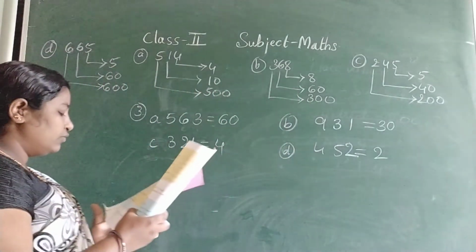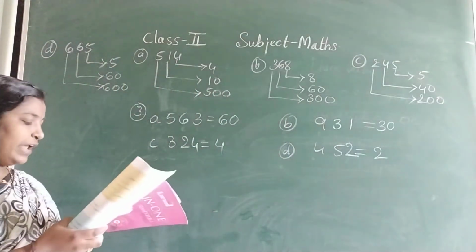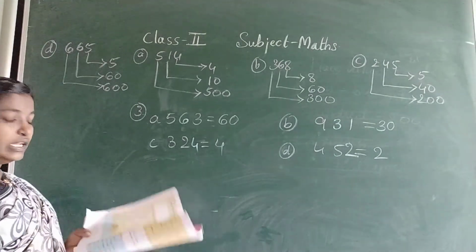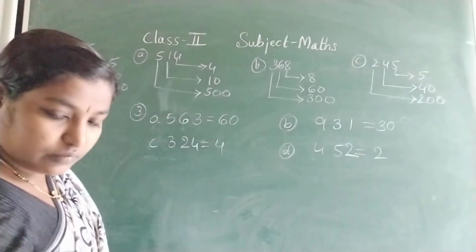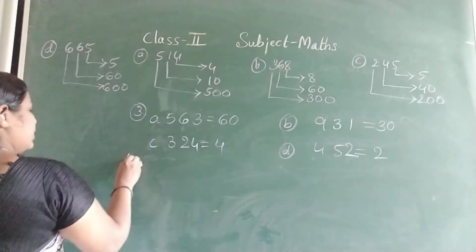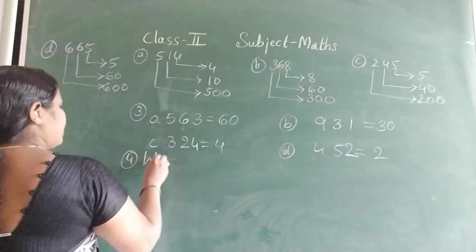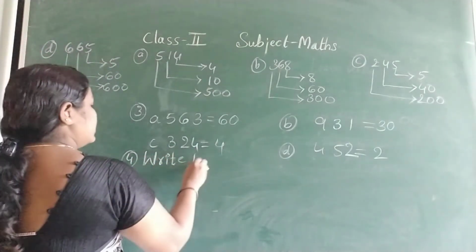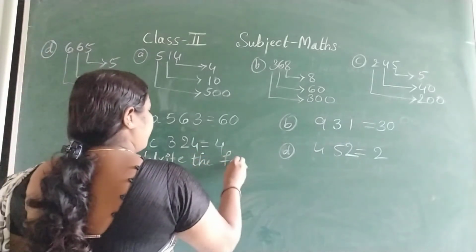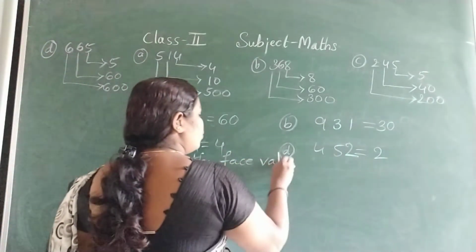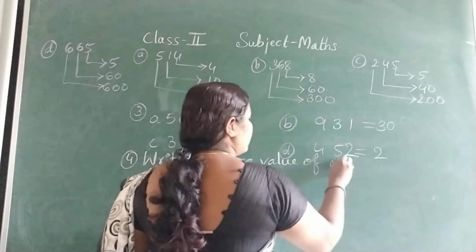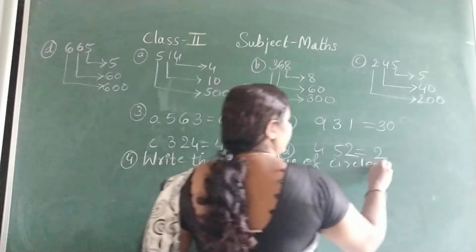Next, write the face value of the encircled digit. Fourth is, write the face value of the circled digit.